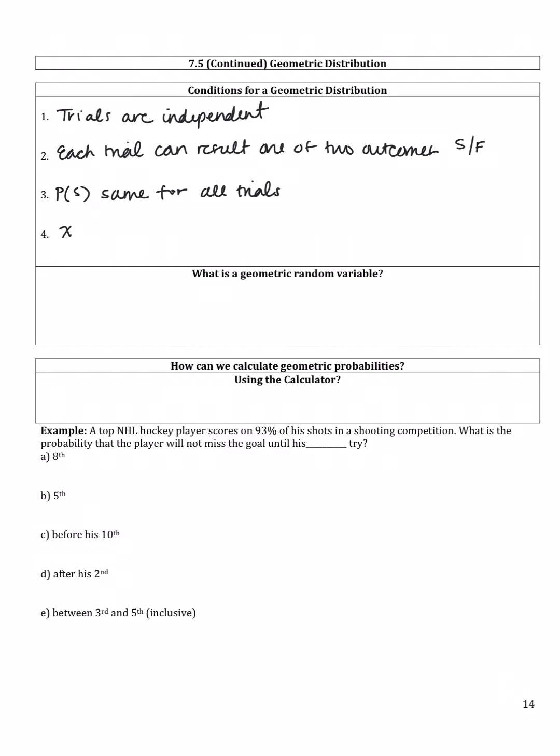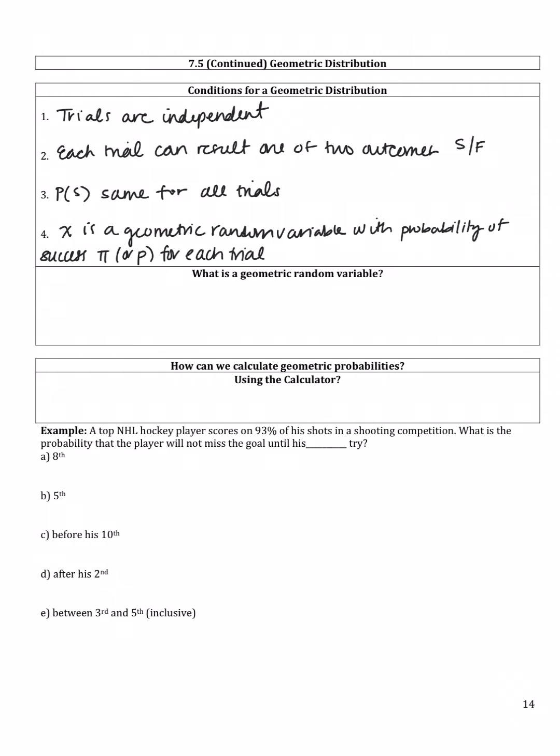And X is a geometric random variable with probability of success pi or p for each trial, such that here's your formula for geometric.